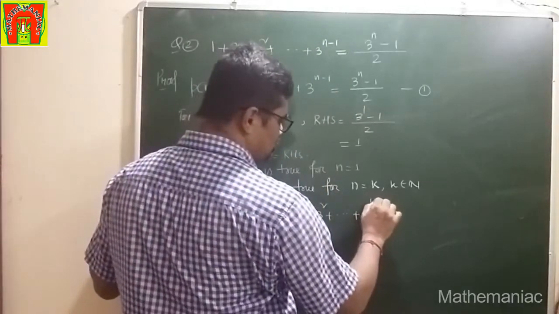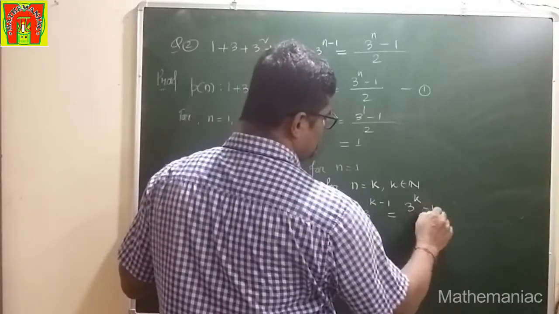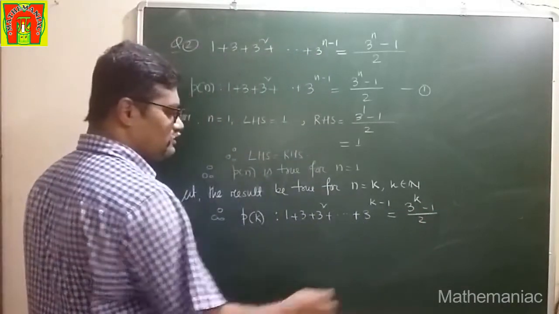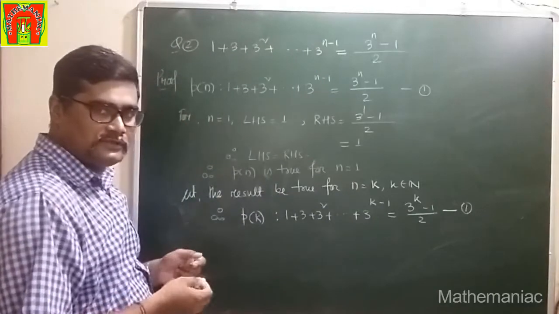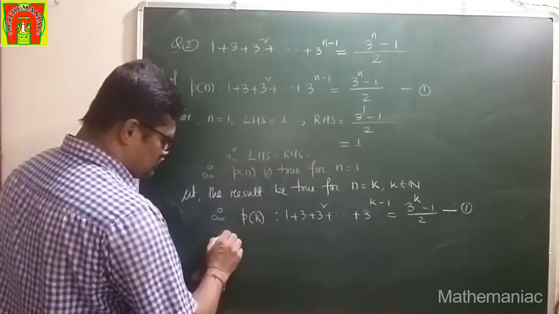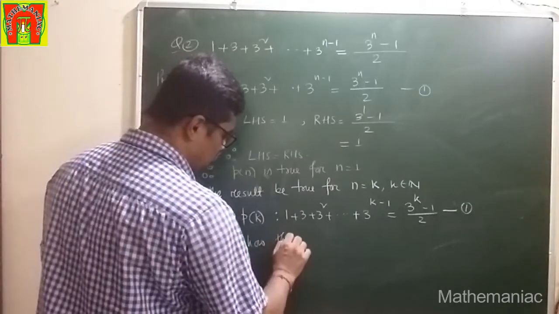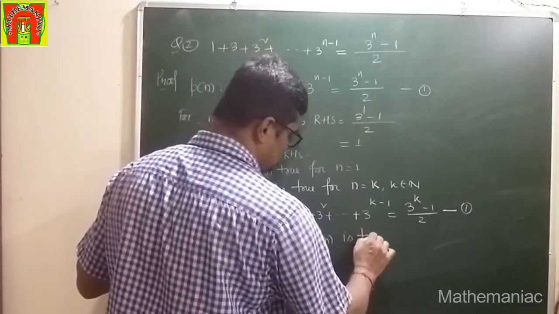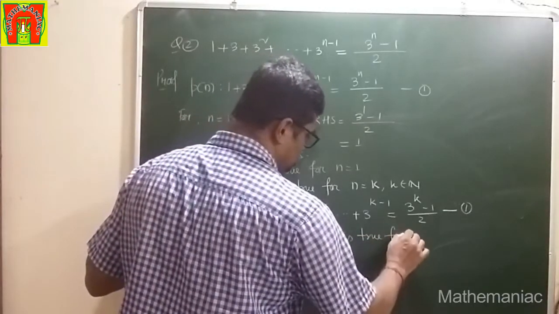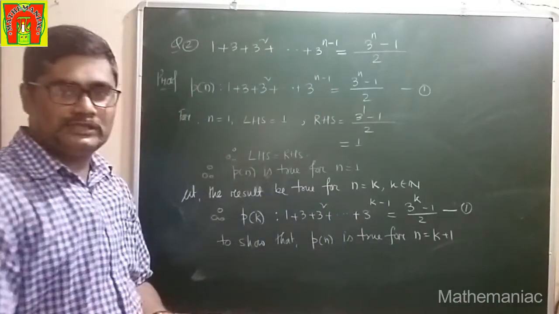So k means you will run up to k minus 1. So your answer is 3 to the power k minus 1 divided by 2. Fine. This has to be used. So you write, now you specify your objective. To show that Pn is true for n equal to k plus 1. So this is your objective.